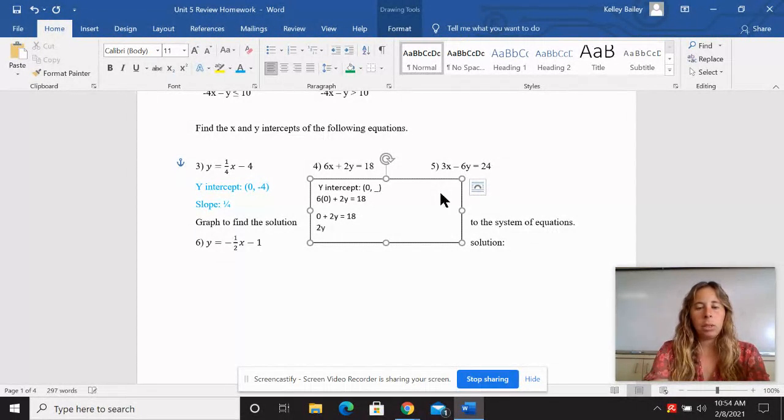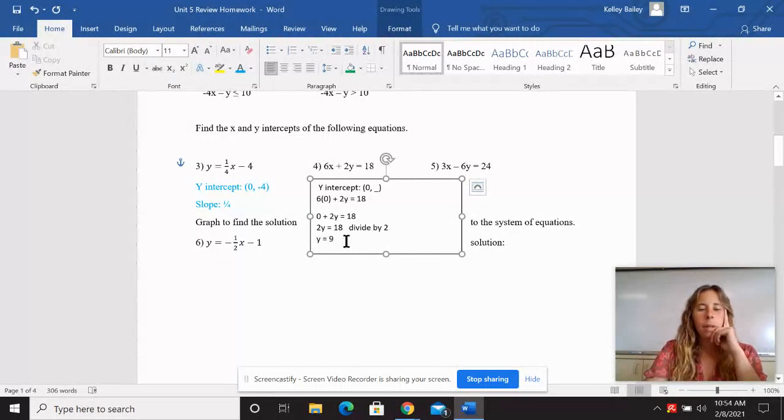So you get 2y equals 18. You would divide by 2. So you get y equals 9. So your y-intercept is going to be 0, 9. That's your y-intercept.